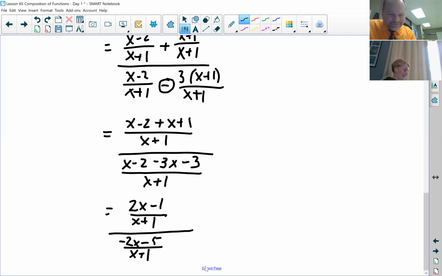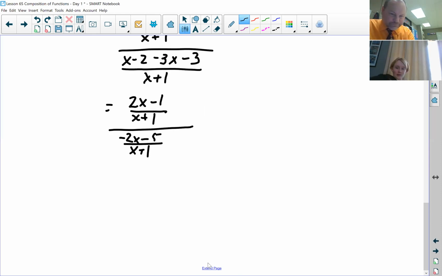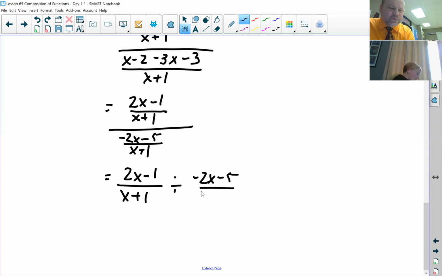Now, the last step, think about this as a division problem. So it's divided by negative 2x minus 5 over x plus 1.